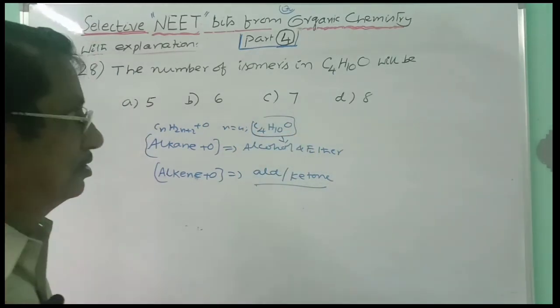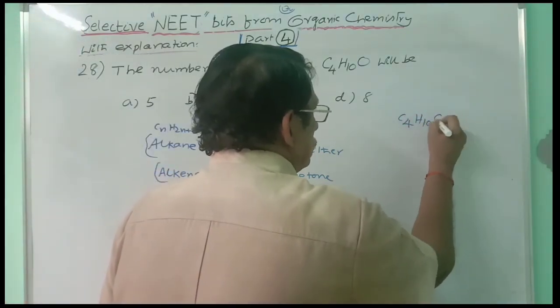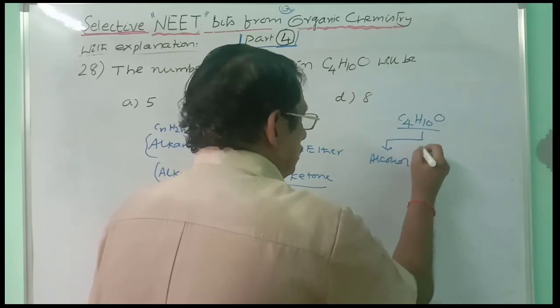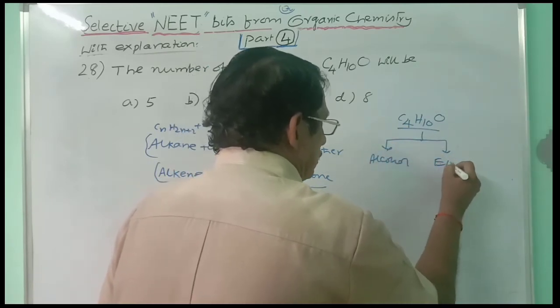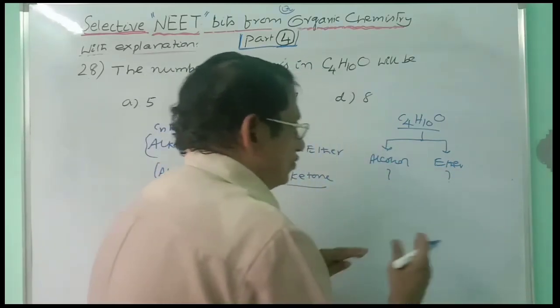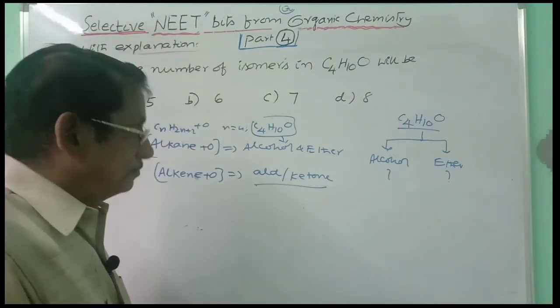And so C4H10O can be in the form of alcohol, can be in the form of ether. How many alcohols are there? How many ethers are there? Put together total how many are there? You have to get the idea for this.